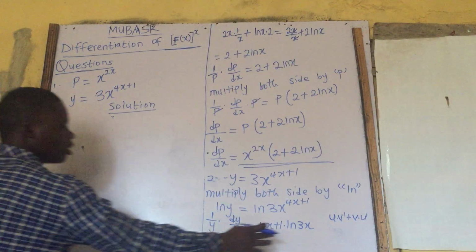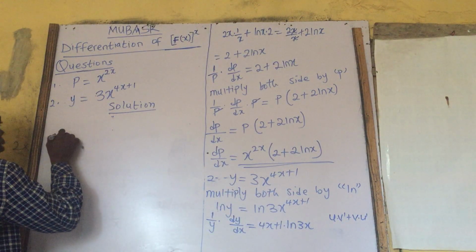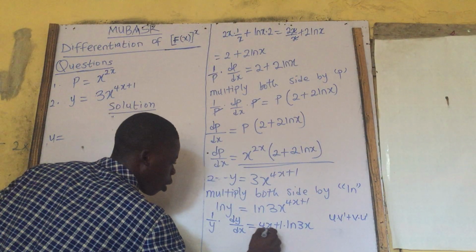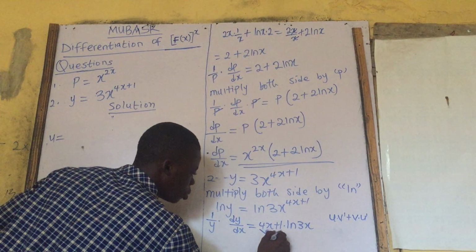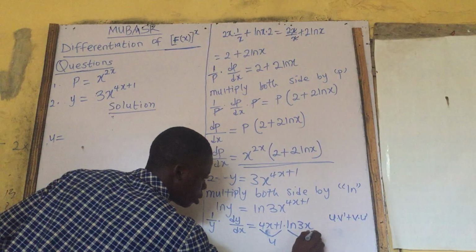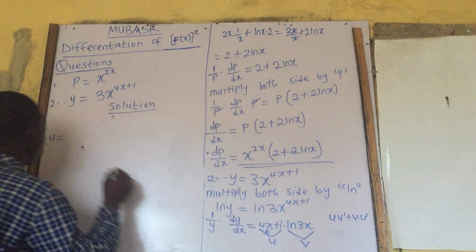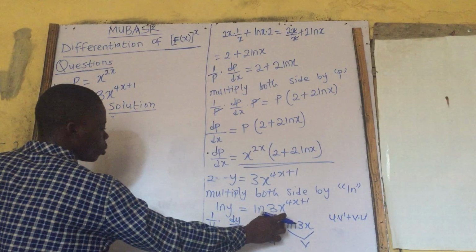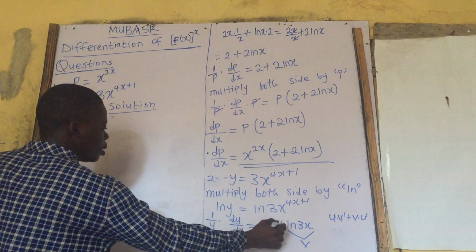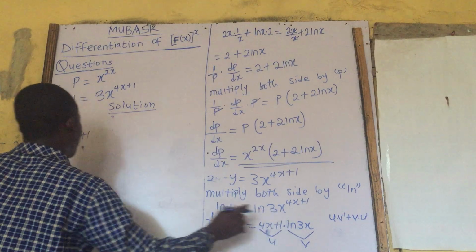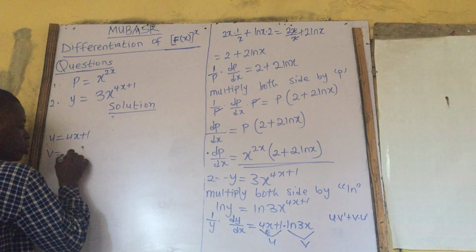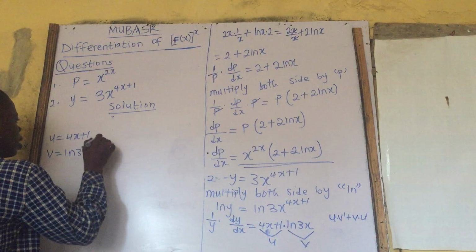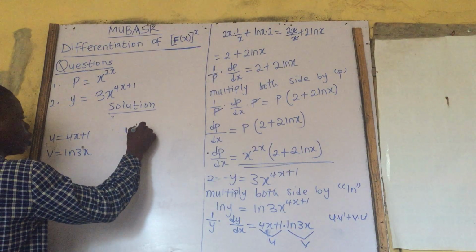Now, let me determine our u and v. From this place to this place, our u, and from this place to this place, our v. Then our u equals 4x plus 1, while our v equals natural logarithm 3x.